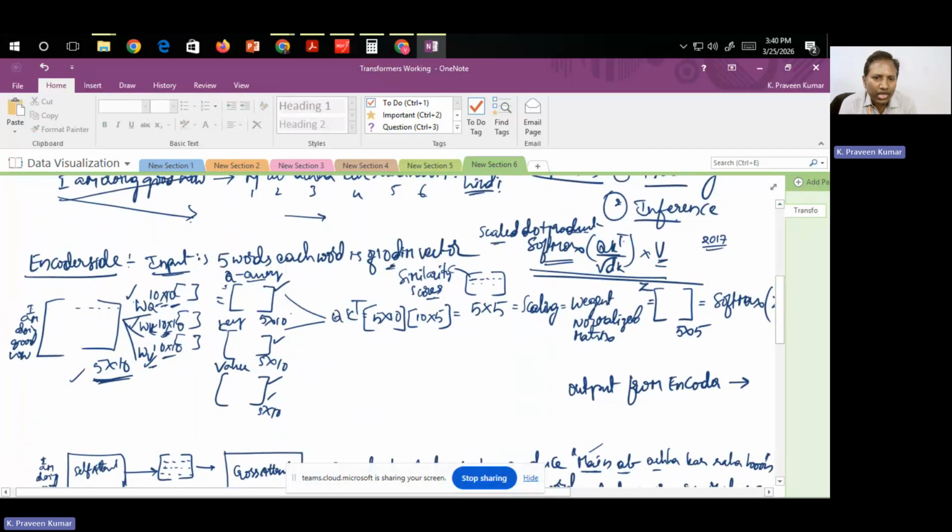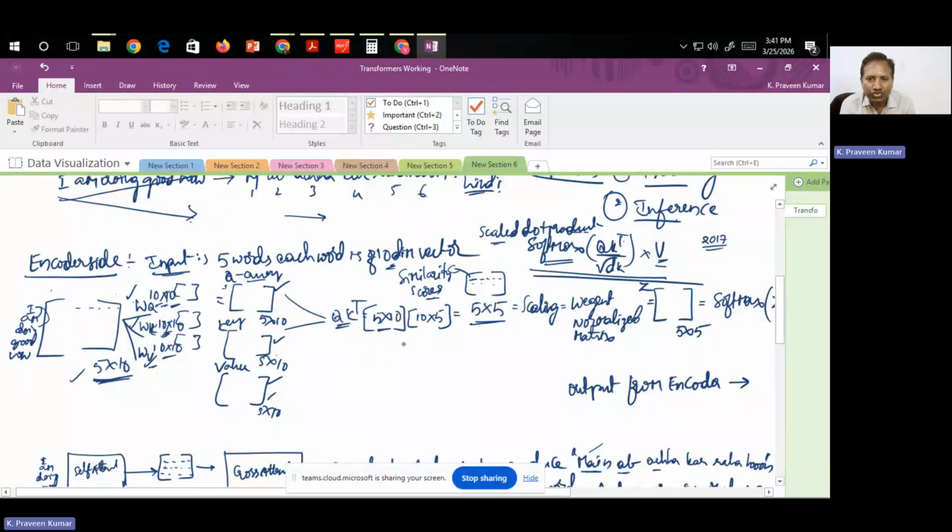We perform QK transpose. Q is 5 cross 10 and K transpose is 10 cross 5, so ultimately I get a 5 cross 5 matrix. This is my similarity score matrix. I call it a similarity score because I am finding the relation of I with am, I with doing, I with good, and so on. So the 5 words are related to the 5 words again.